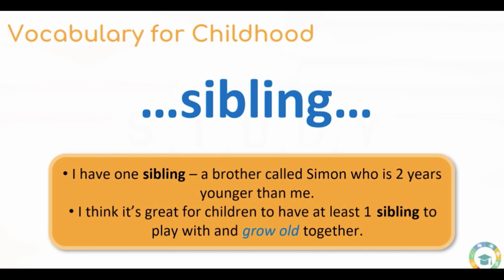So this extra phrase, grow old, is a common collocation to talk about getting older. We grew old together, or I am growing old. Okay, sibling. So that is a word to discuss or describe a brother or a sister, a sibling.